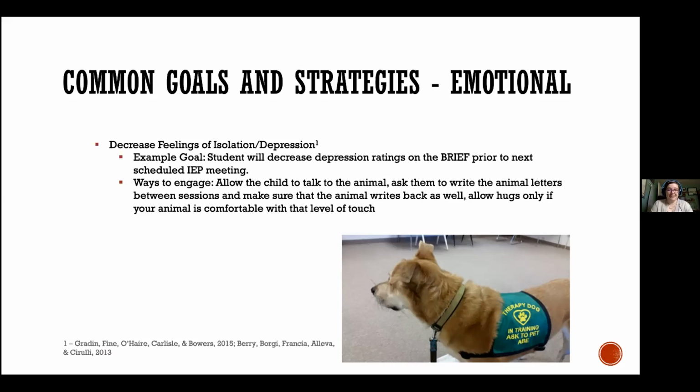Some of the other things that we consider is level of touch. And so this is not a suggestion for all animals, certainly depending on what your animal is comfortable with. But what we know about a lot of kids with trauma, or a lot of kids who are growing up perhaps in a very chaotic household, is that there's not a lot of physical touch that they get.